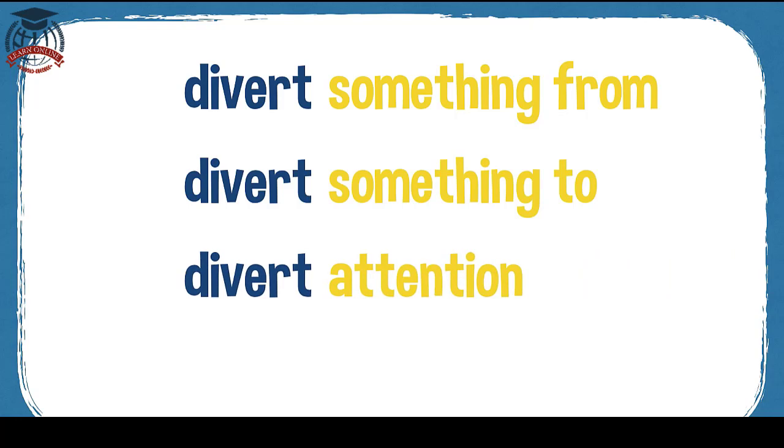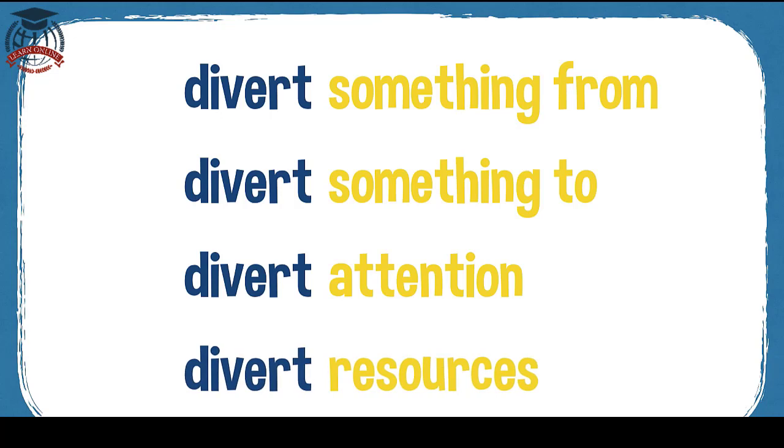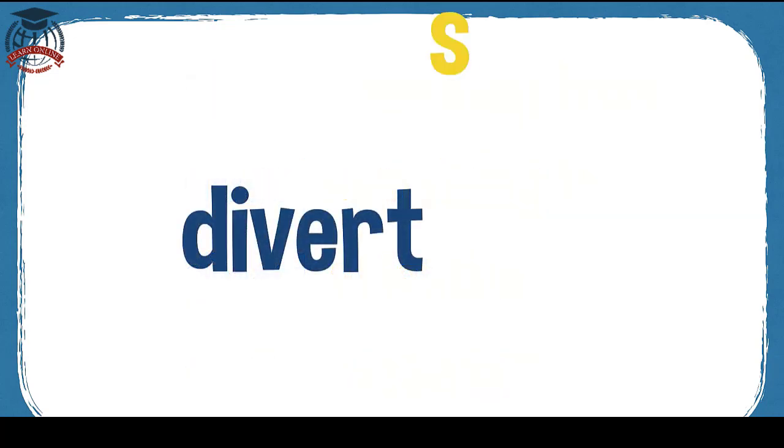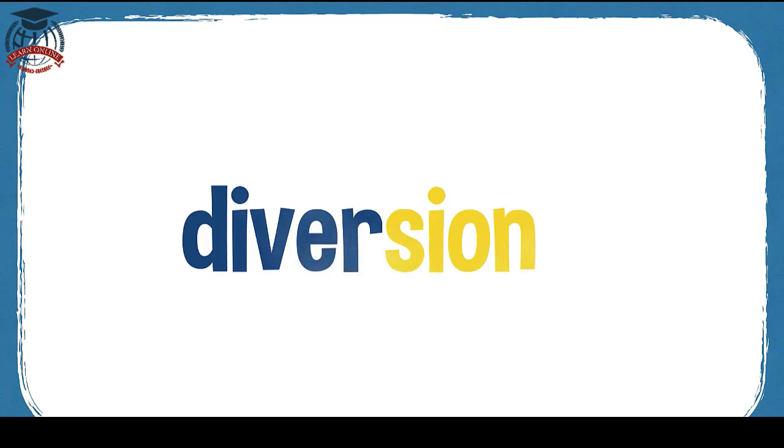You can divert attention. We often divert people's attention. Divert resources. And as a verb, diverts, diverting, diverted. And the noun form, watch what happens to the T. It goes away, diversion.